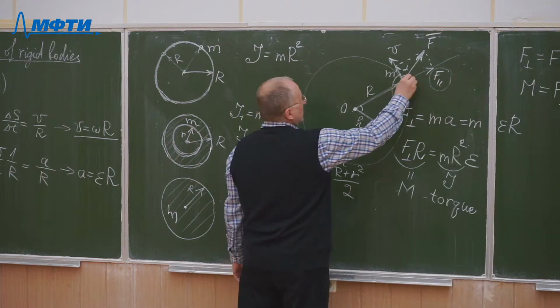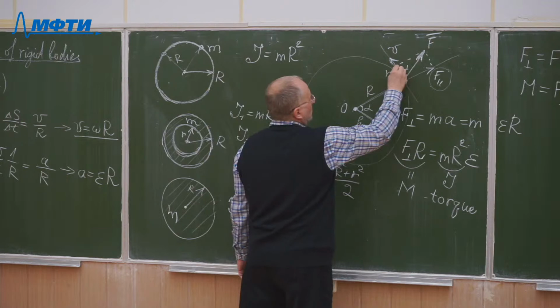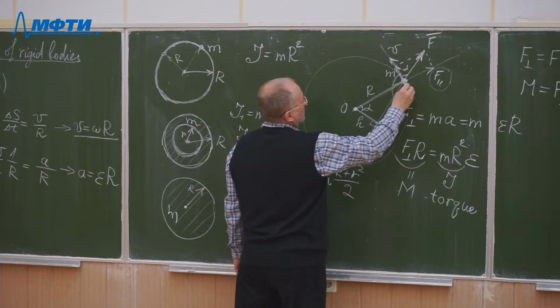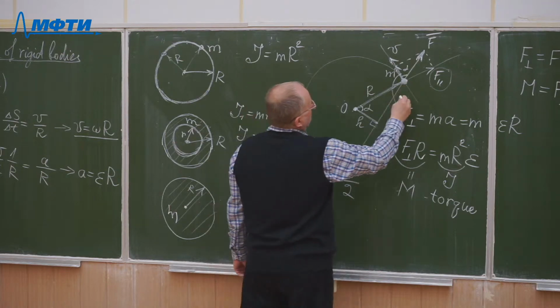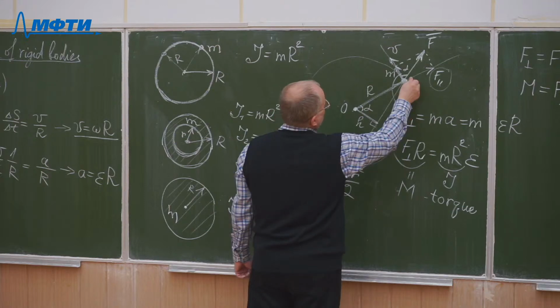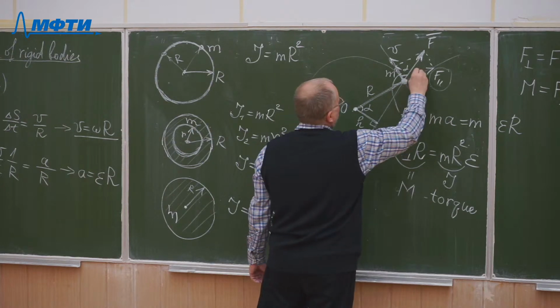This angle equals this angle, because one leg of this right triangle is perpendicular to this side of the other right triangle, and another leg is perpendicular as well. It's by the construction of this picture that we know this angle equals this angle.